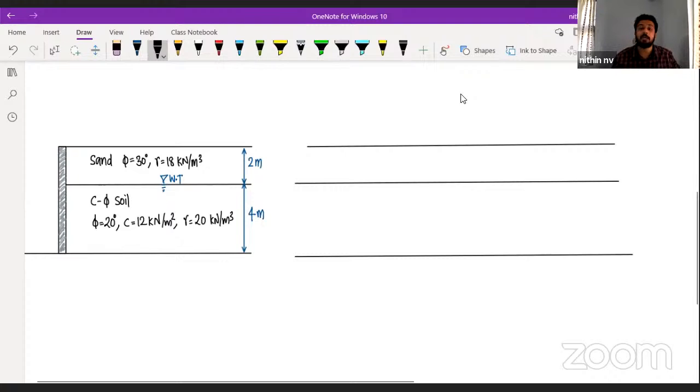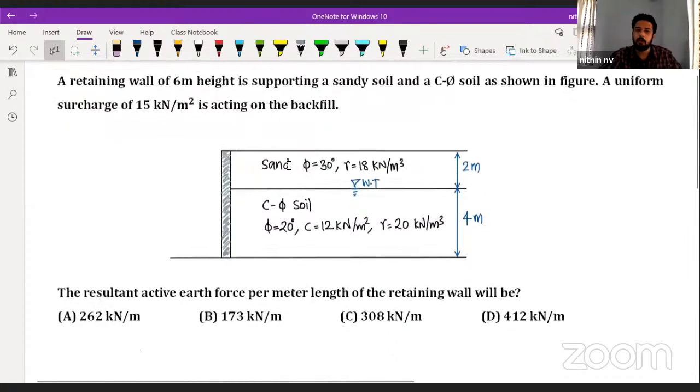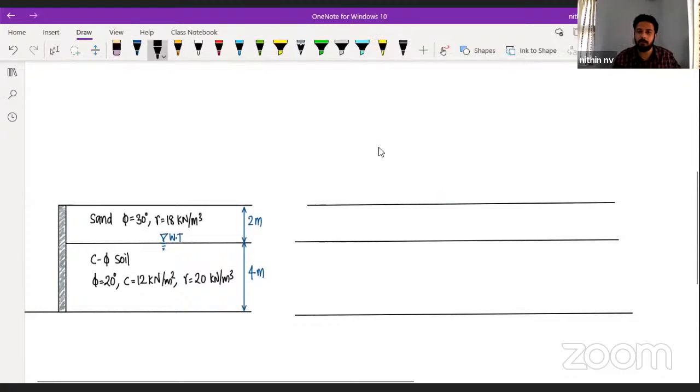So first of all, they have given a surcharge of 15 kilonewton per meter square. Remember, whenever they are giving a surcharge, there will be a uniform earth pressure in the first layer, in the second layer also. Since we have two layers, we will be having two active earth pressure coefficients, Ka1 and Ka2.